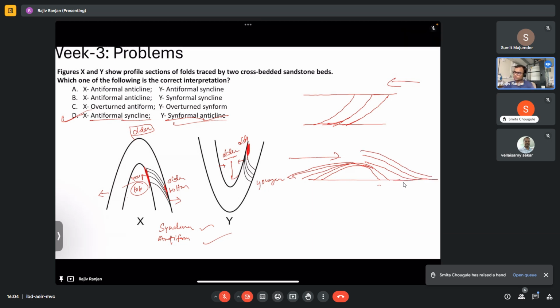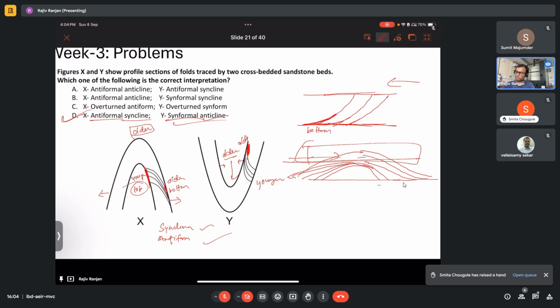So wherever you see cross beds, wherever you have this asymptotic part, this becomes the bottom. Later, suppose you have it like this, and it got eroded away this much. So this part got eroded, and what will be left?